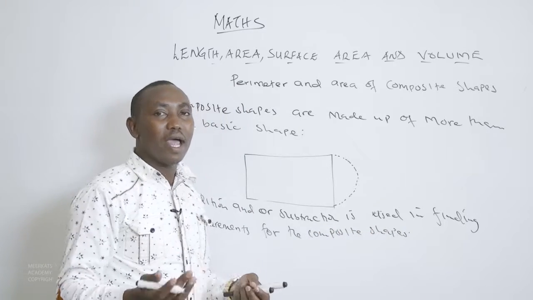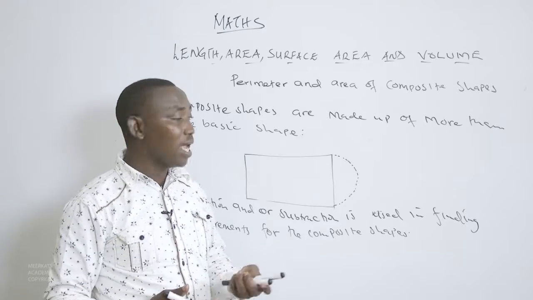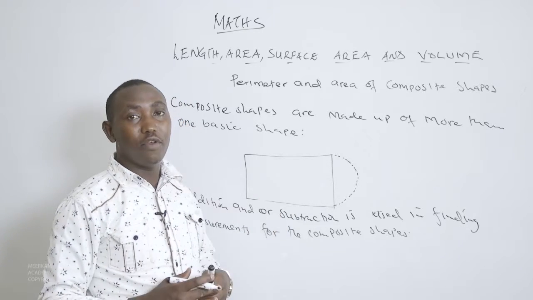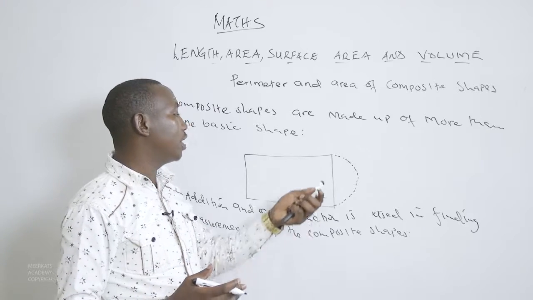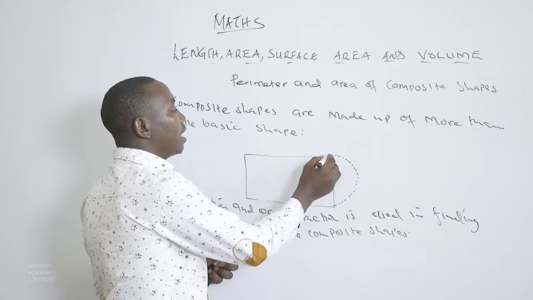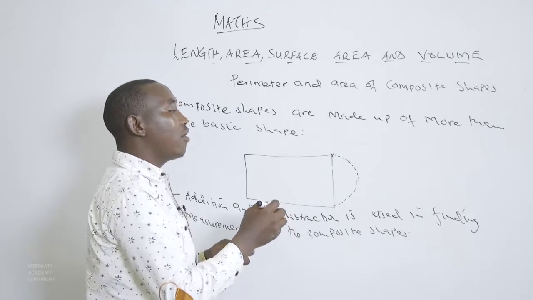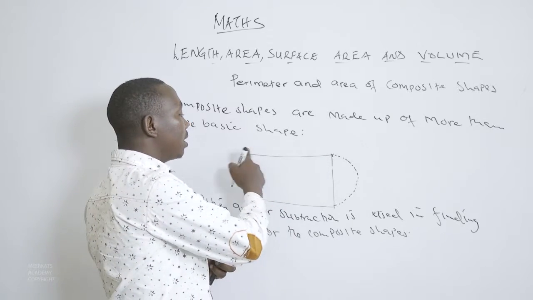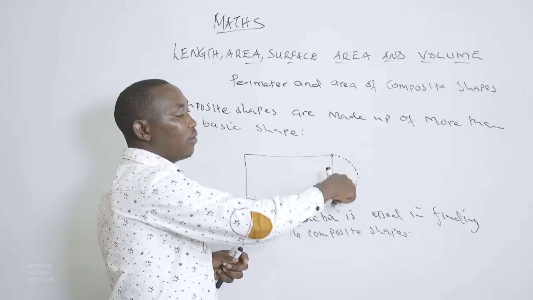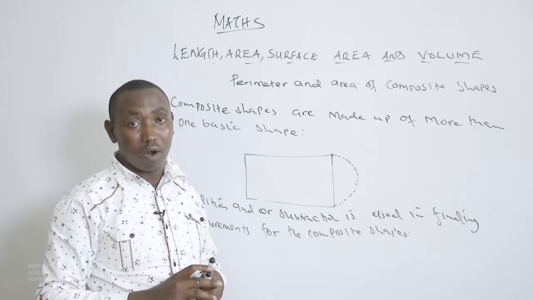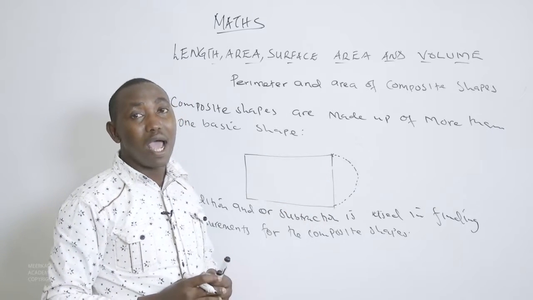So we can either add or subtract. Like in this case, if you are to get the perimeter around this figure, you will take the length of the straight lines. There are three straight lines. Then we have a semicircle. In this case, we will add.